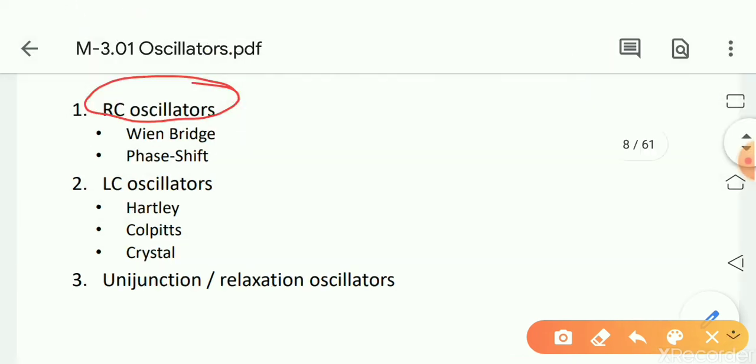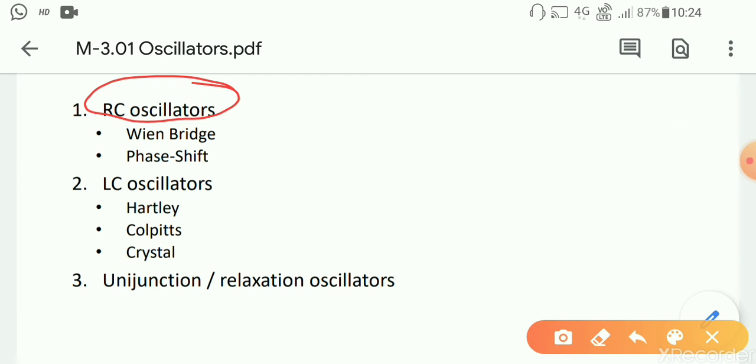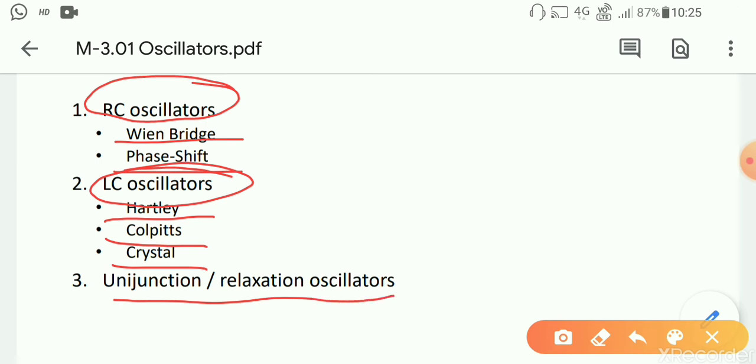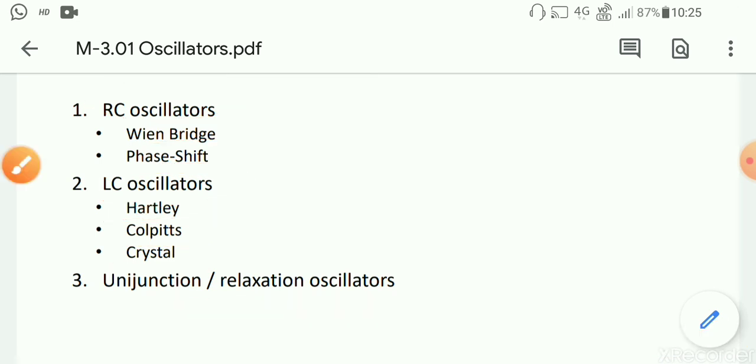Examples of this type are the Wien bridge oscillator and the phase shift oscillator. For the LC oscillator, where inductor and capacitor are the most important passive elements for generating the oscillator circuit, the examples are Hartley oscillator, Colpitts oscillator, and crystal oscillator. The last one is the unijunction or relaxation oscillator, where non-sinusoidal type of periodic signal can be generated. So these are the types of oscillator.